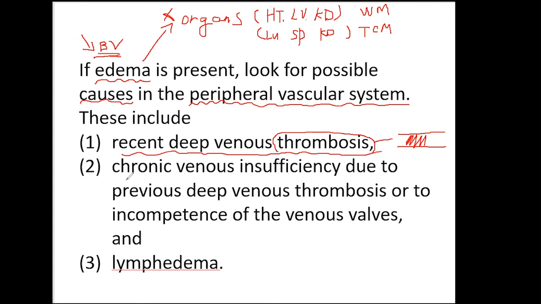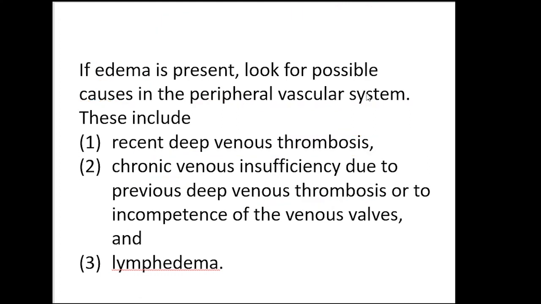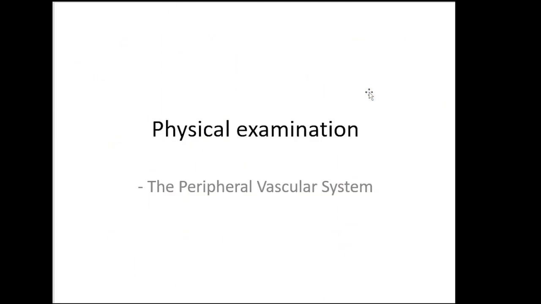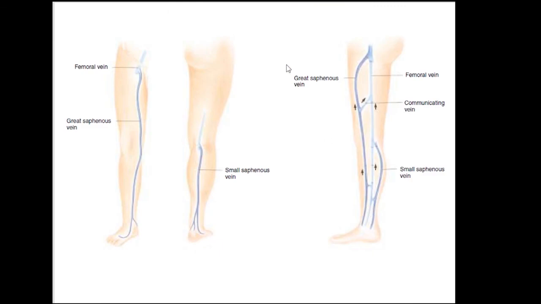And another reason is chronic venous disorder, still vein problems, still some blood stasis in there. When we look especially at the leg area, we have the superficial vein and the deeper vein, and they communicate with each other.